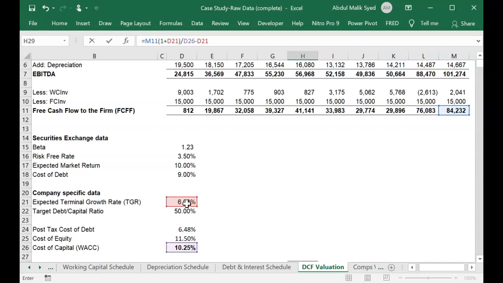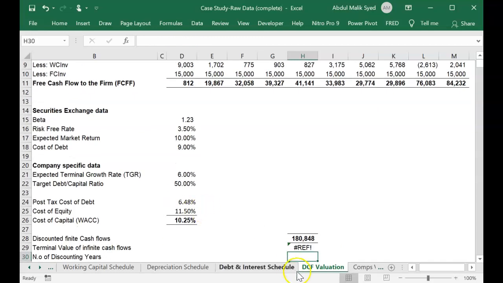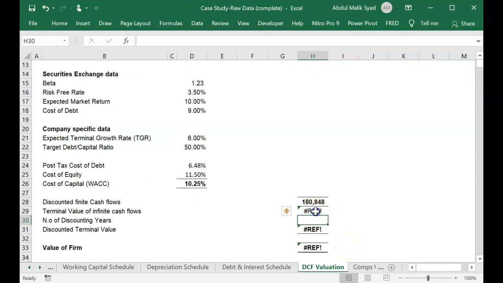So taking this into consideration, we need to put a multiplication here because M11 times this. Okay, so you have the terminal value of cash flows given as this.